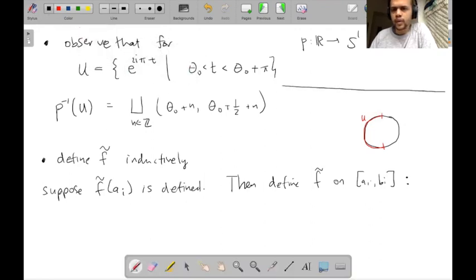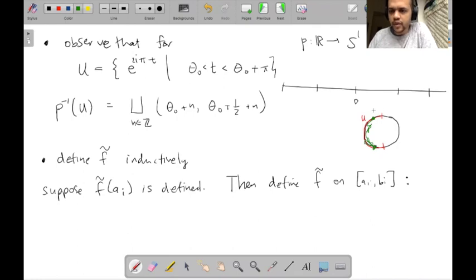Right, so we have some segment, the image of a_i b_i, which does something here.